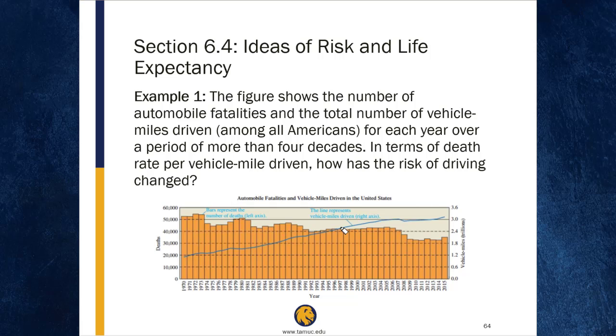If we look at the graph, this line represents the number of miles driven, so we can see how it is going up. The bars represent the number of automobile accident deaths. The number of deaths has varied, but overall it's been trending downwards from past into later years.